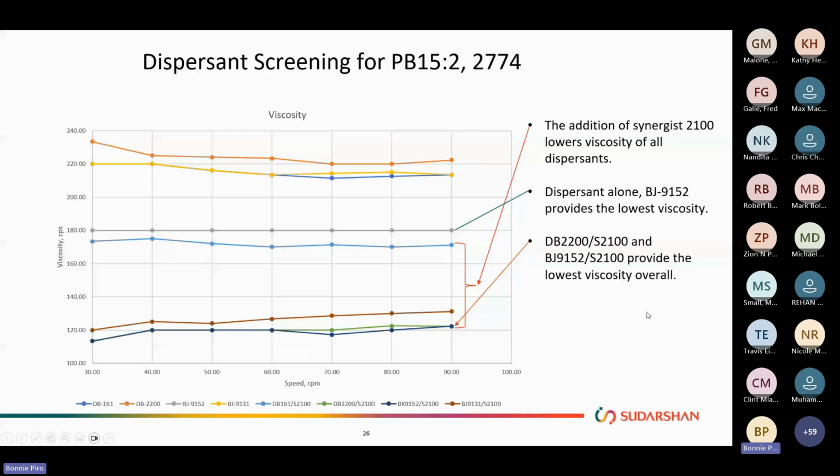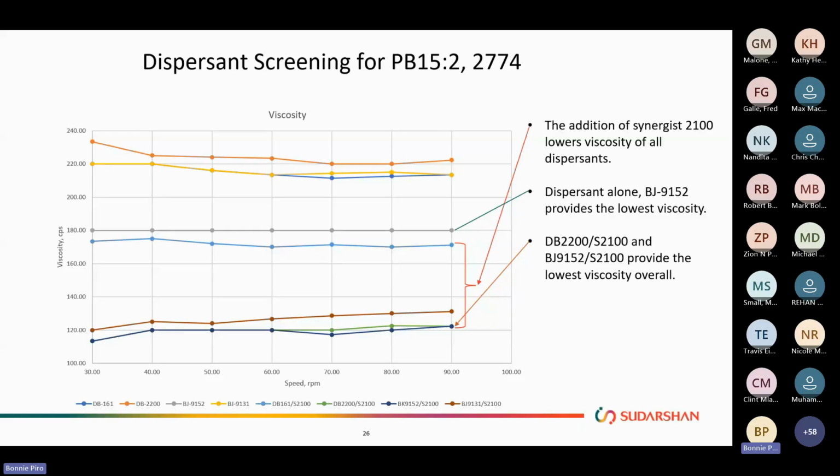Rheology. Rheology is key to getting the best that you can out of the pigment. So in a lot of cases, your pigment content is one of the largest cost items in your formulation. So of course you want to get the most out of your pigment that you can for your formulation.